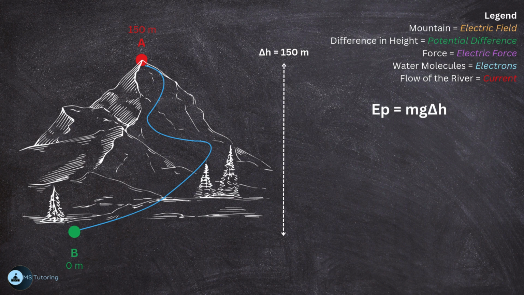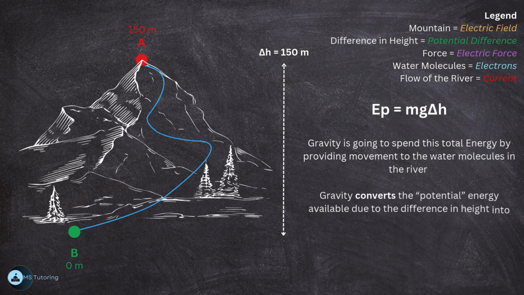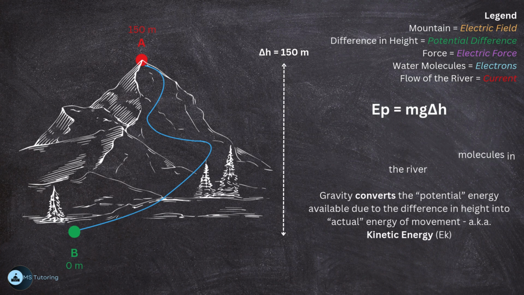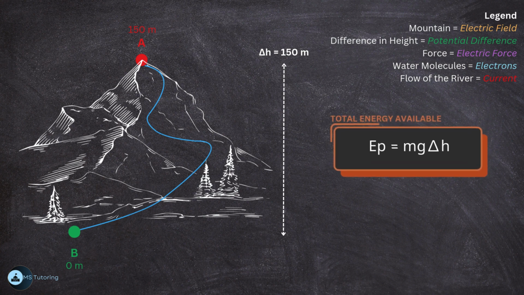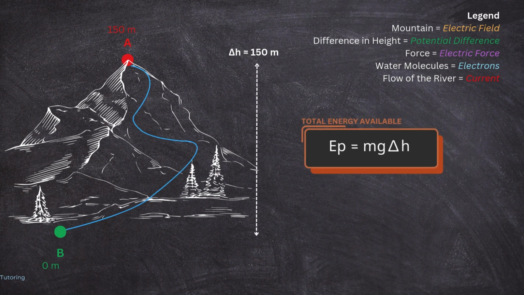And effectively, gravity can harness and convert this potential energy into actual kinetic energy in making the mass move across this displacement delta h. So the total energy gravity has available to perform work is given by this equation.